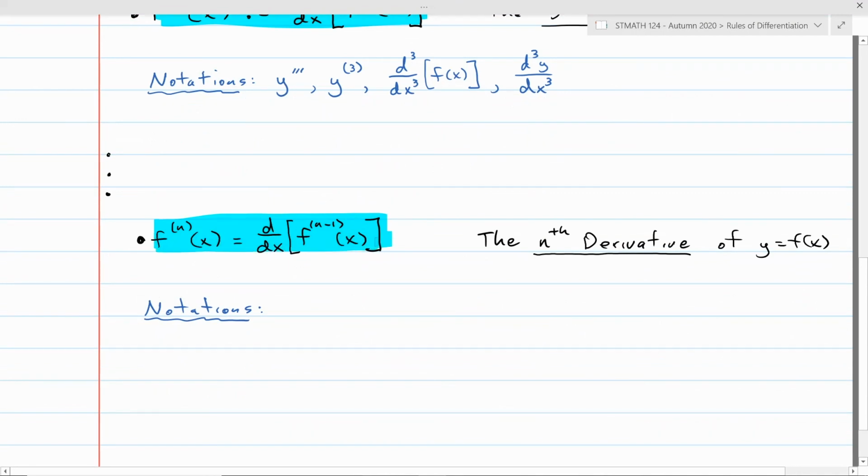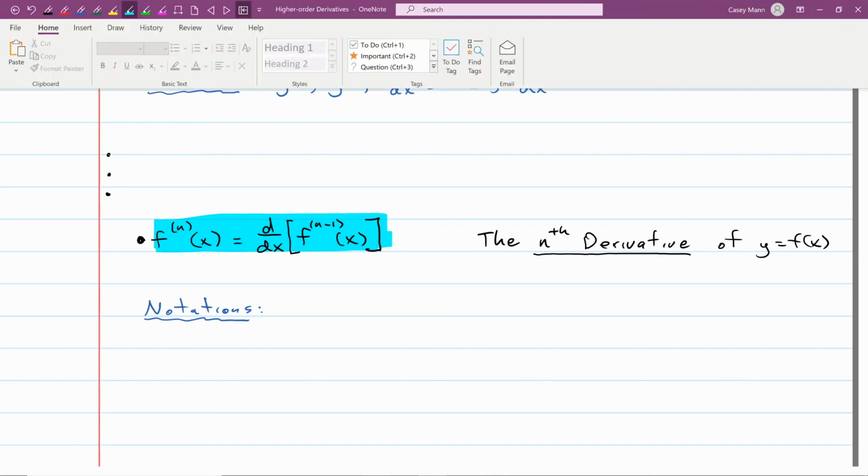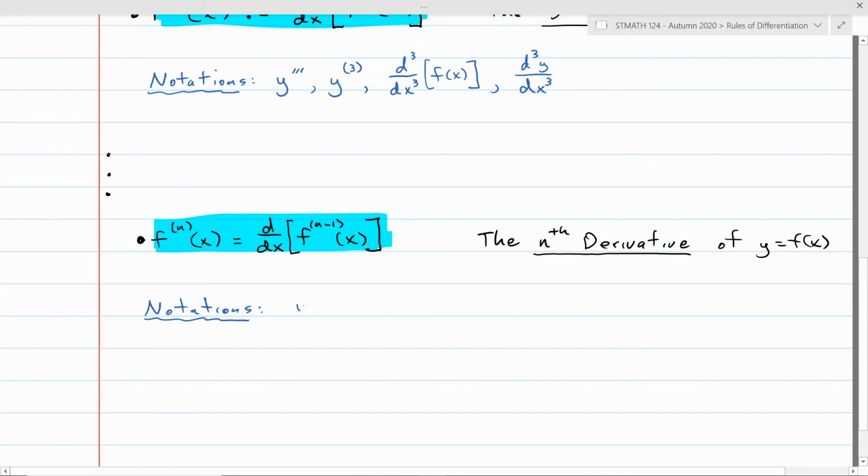So the nth derivative is the derivative of the (n minus first) derivative. We might write y to the (n), or d to the n over dx to the n of y, or dny over dxn. So all these notations would be the same.